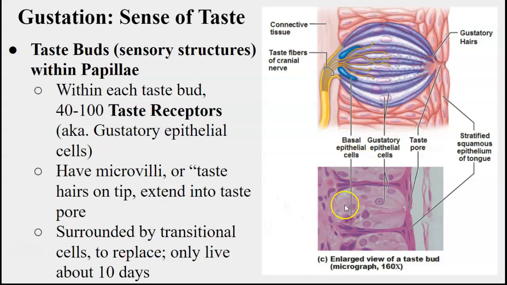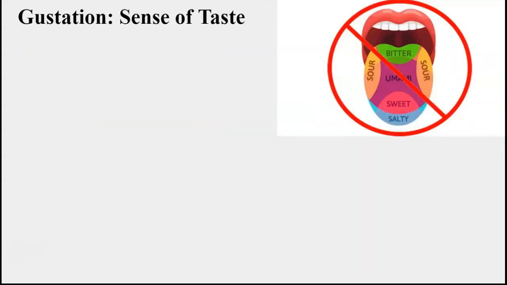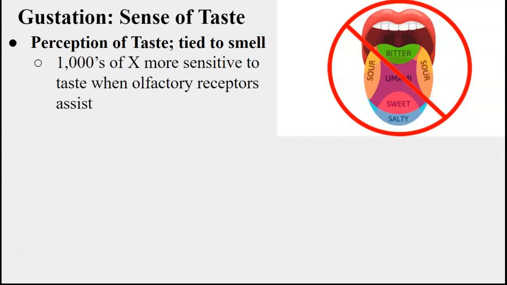This would be a histological look, a cross-section of a taste bud under a microscope of a real stained taste bud. And when we think of taste, you may have learned about the different tastes that our tongue can perceive. It's worth noting a couple things.